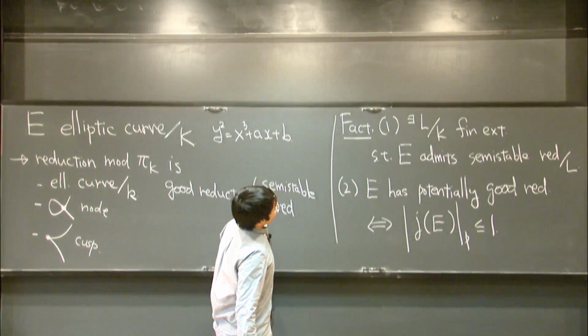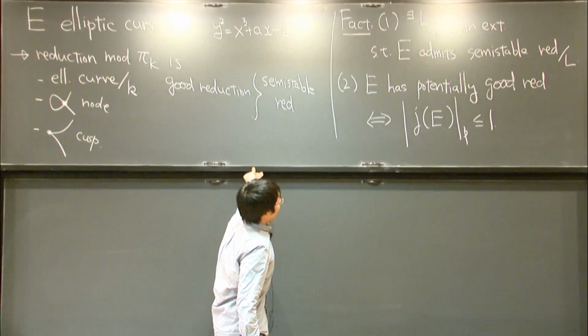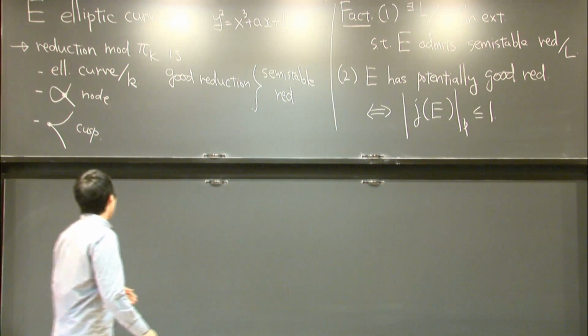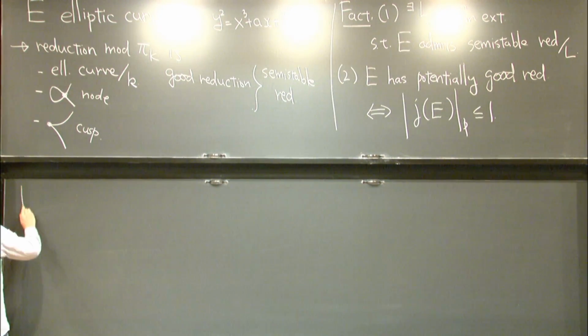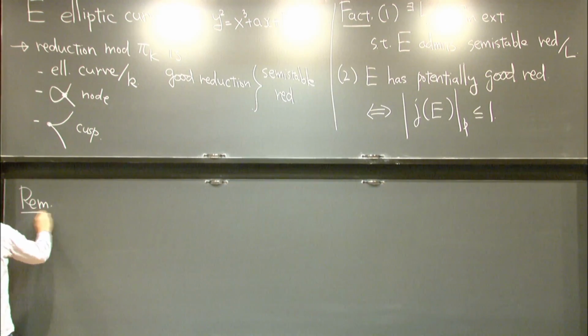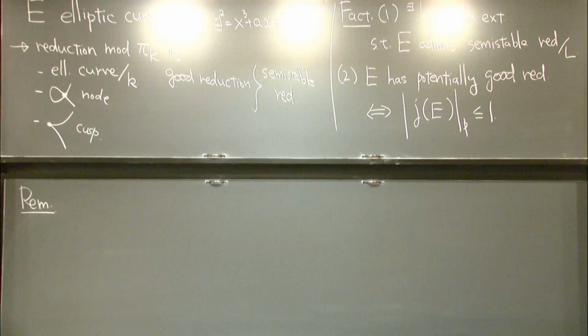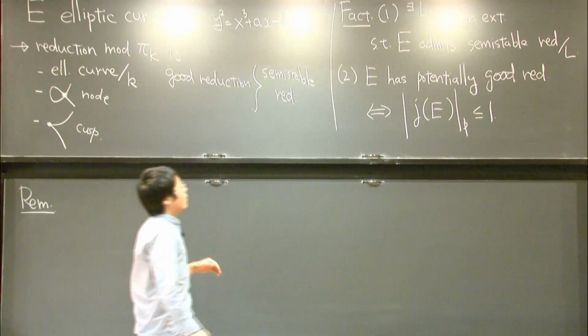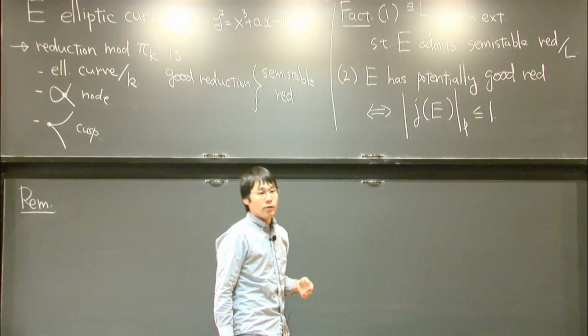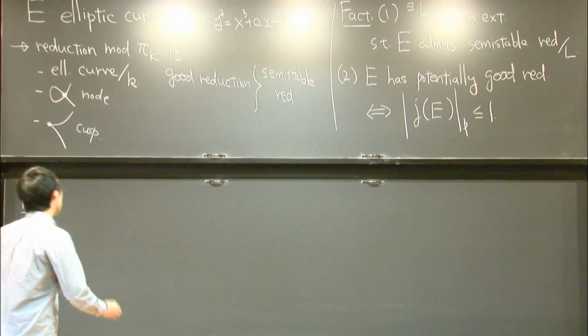And as a motivation of my work, let me give two remarks related to these two facts. The first fact is generalized to a conjecture called the semistable reduction conjecture.